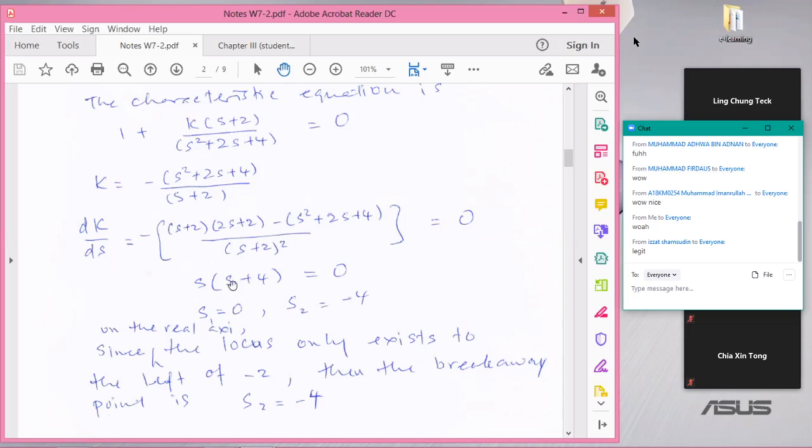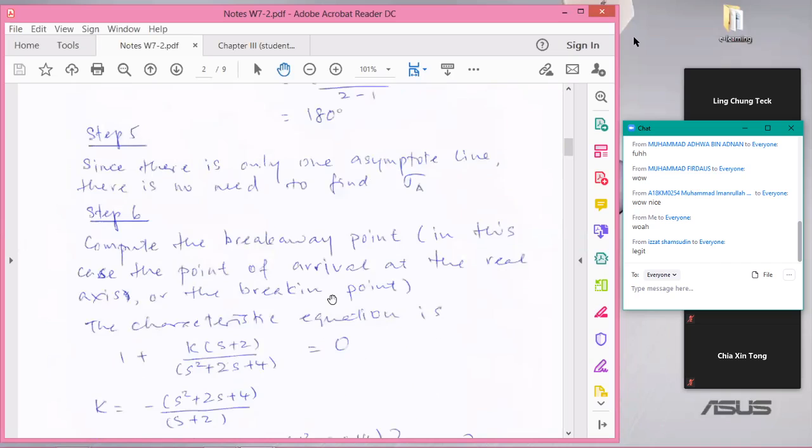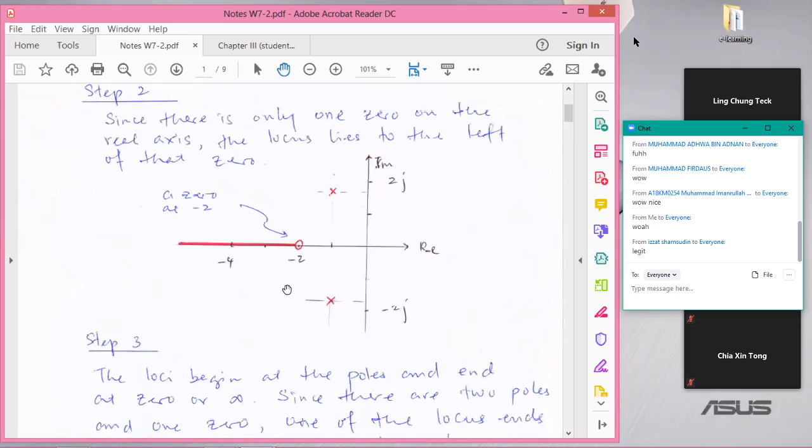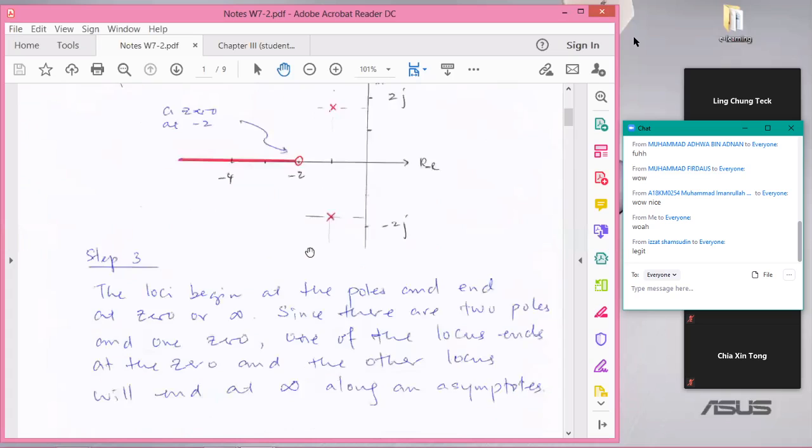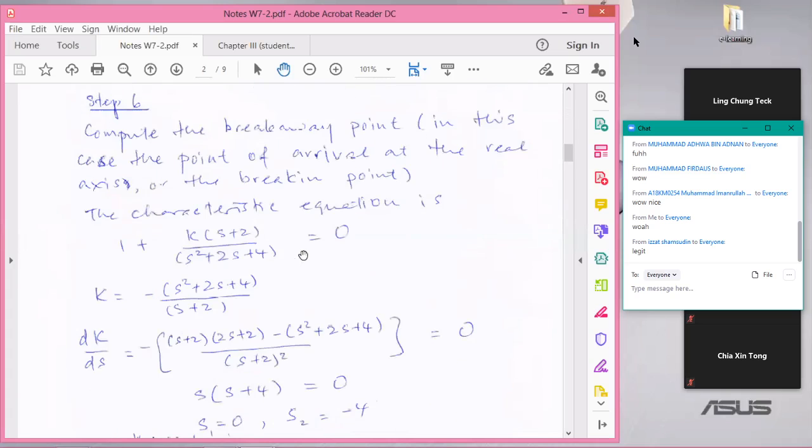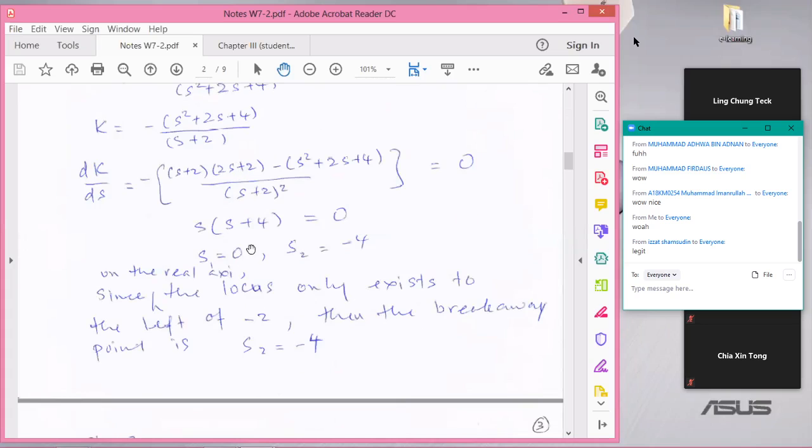And then you're going to have two solutions again, 0 and -4. So which one is our break-in point? We need to look back at our drawing. Since there's no locus to the right of -2, we cannot take the first solution. So we need to drop s equals 0.